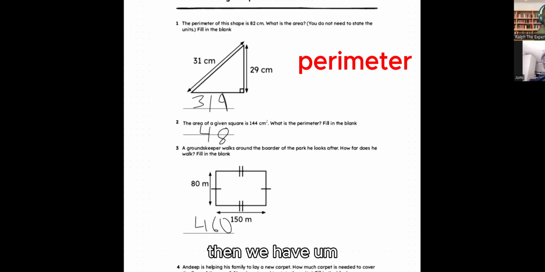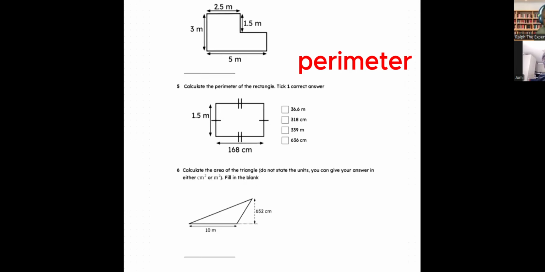Then we have number 4. It's incredibly good.